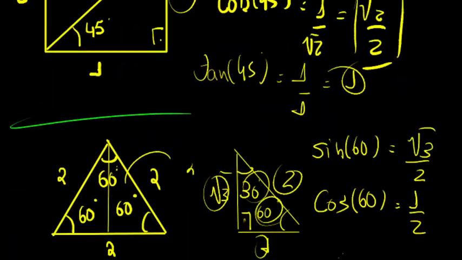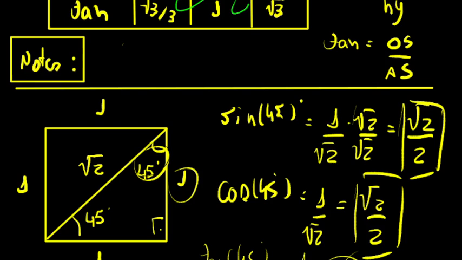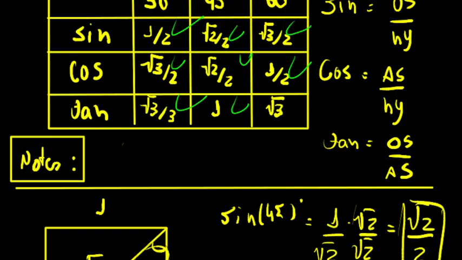And finally the tangent of 60 is the opposite side, the square root of 3, divided by 1. It's just the square root of 3. So let's verify this. Yeah, that's correct.